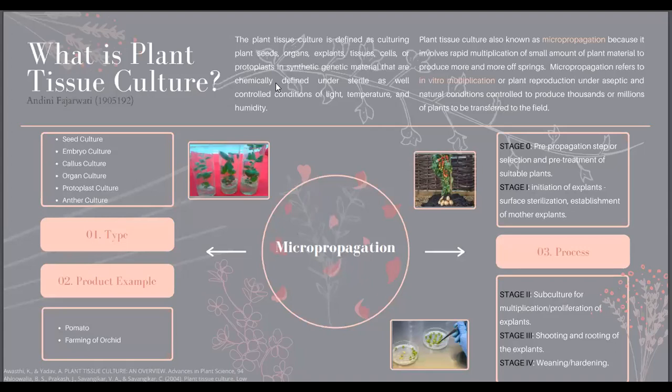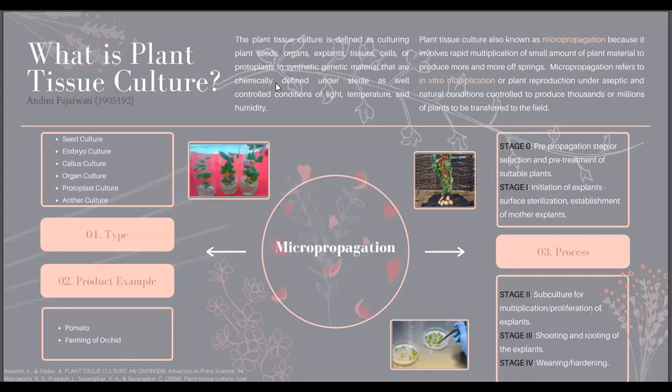And also with plant tissue culture, the new plantlets can be grown in a short amount of time, and only a small amount of initial plant tissue is required. The next advantage is that the new plantlets and plants are more likely to be free of viruses and diseases because it's done in the laboratory.